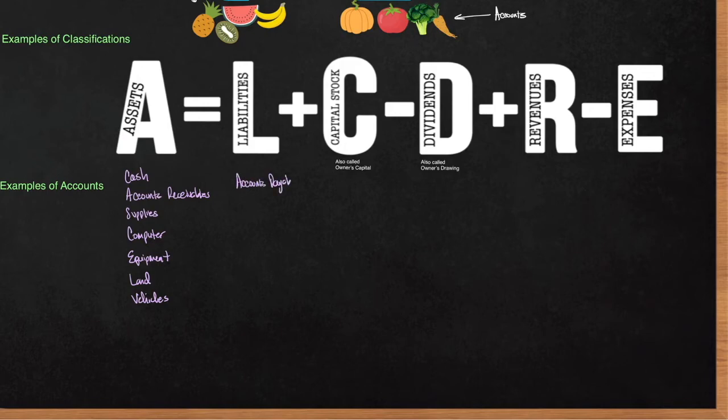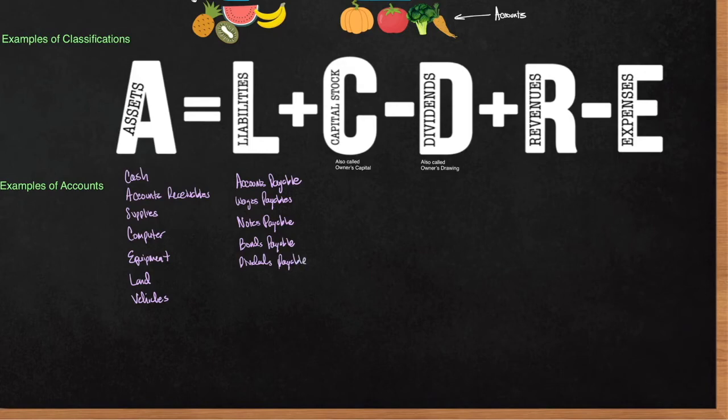Assets. Now, liabilities, most of the time, end with the word payable. Liabilities are things that you owe. The accounts of liabilities are accounts payable, wages payable, notes payable, bonds payable. These are things that you're going to pay out in the future because you owe them.